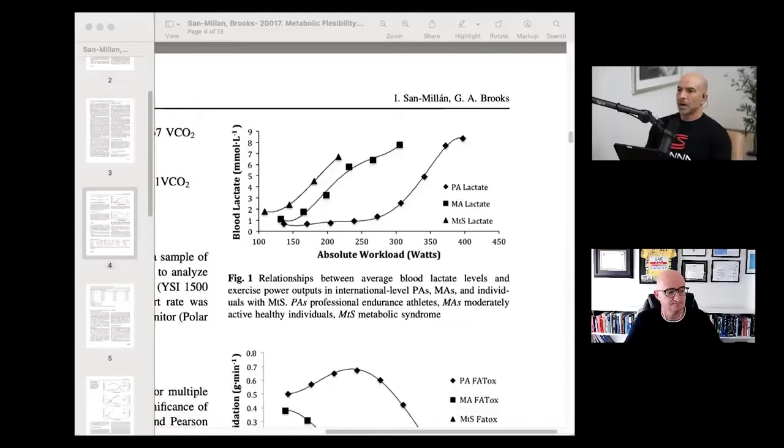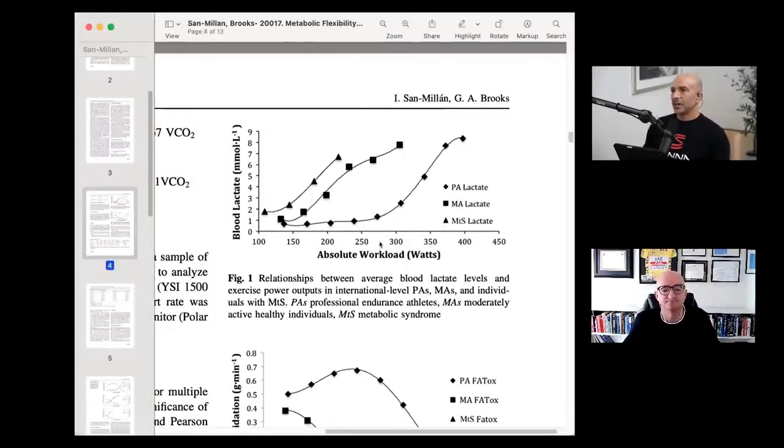Now, conversely, when you look at that sort of medium trained or reasonably well trained individual, I think it's referred to as moderately active, healthy individuals, they start out with a lactate of about 1, and it's not really until they hit about 175 watts that they pass that inflection point. And then when you look at the professional endurance athletes specifically, they're starting out at a lactate level of 0.5 millimole, and they stay relatively flat until they hit about 300 watts, which is when they finally cross over that threshold.